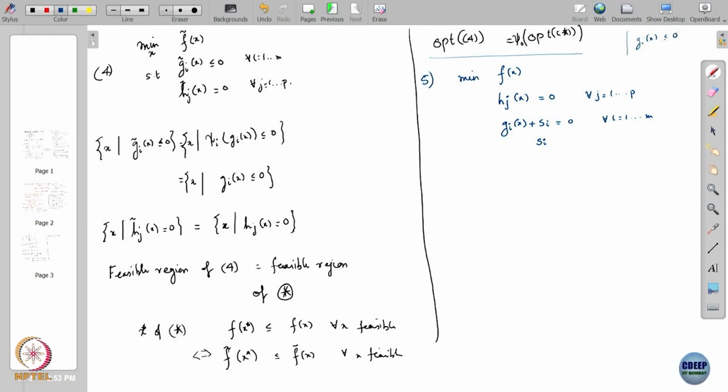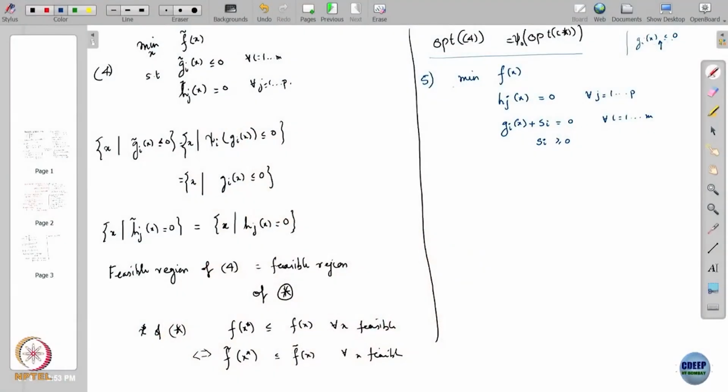So there is a gap between g_i(x) and 0. I can fit a positive number in this gap and make the two equal. That is that number s_i. So s_i is something greater than or equal to 0, fitted into that gap.